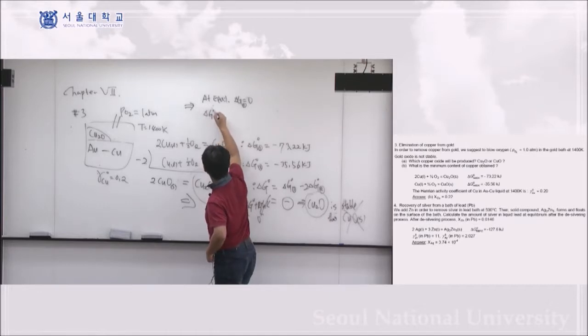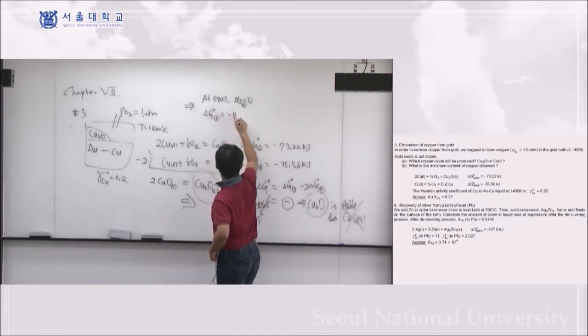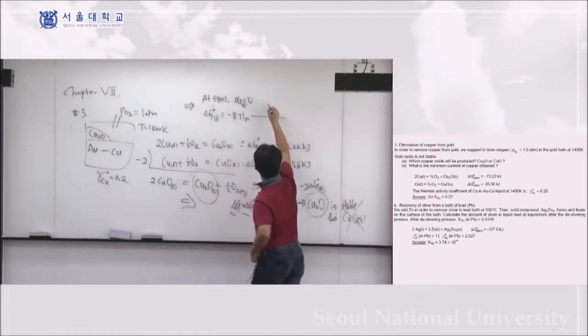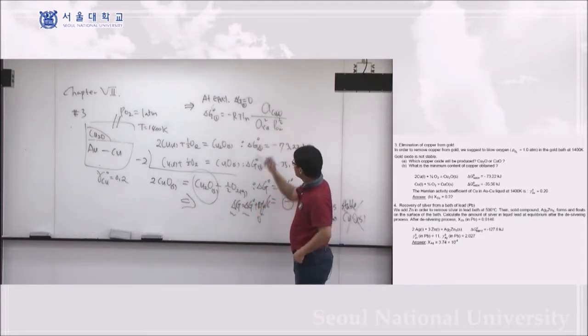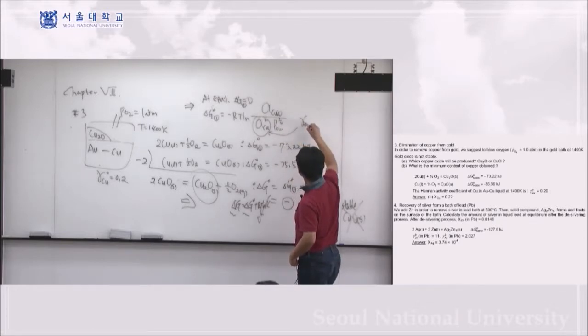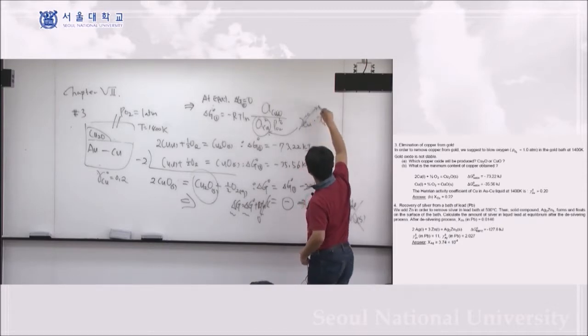So delta G naught of reaction 1, and this activity coefficient is 0.2.